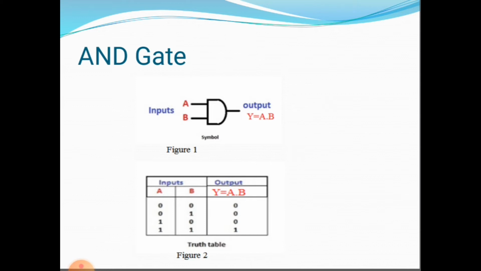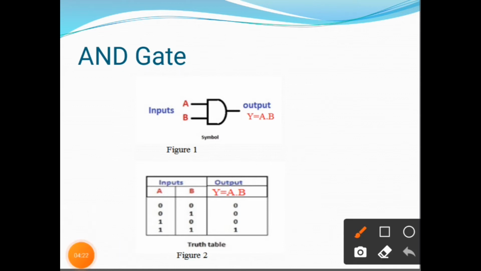Look at this figure. The figure shows the truth table for the AND gate. Its logical equation is Y equals A dot B, read as Y equals A AND B. When we give input A equal to 0 and B equal to 0, then the output will be 0.